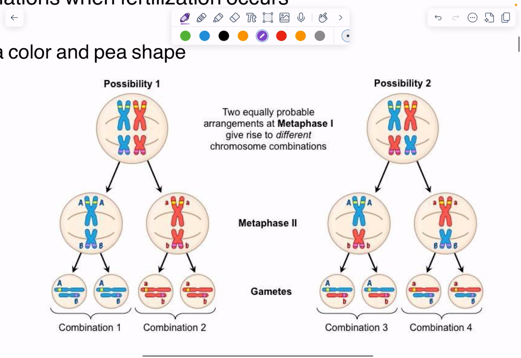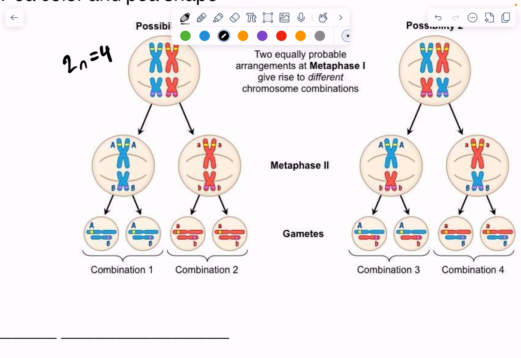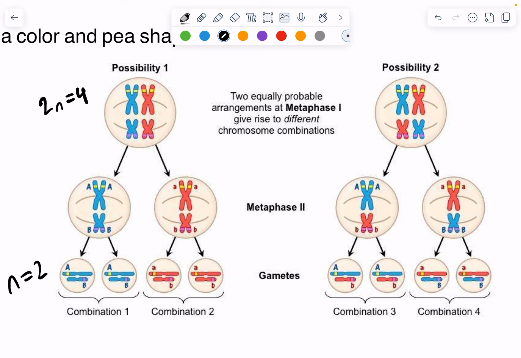Right, so we can look at some different possibilities of a pea plant or pea shape. We have two sets of homologous chromosomes here. So if we wanted to look at the ploidy level of these, we could say 2n equals 4. Right? And then after meiosis, we could say n equals 2 here, because we're going from diploid to haploid. But also we have different genes.